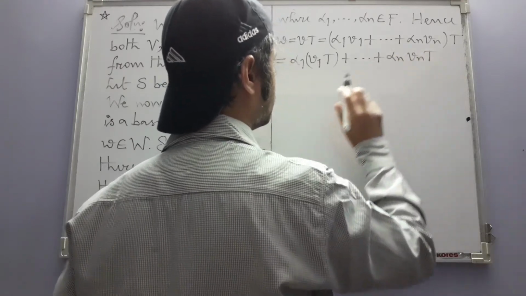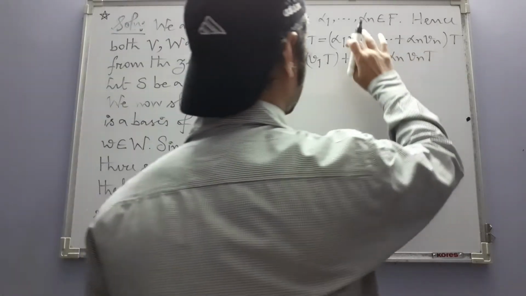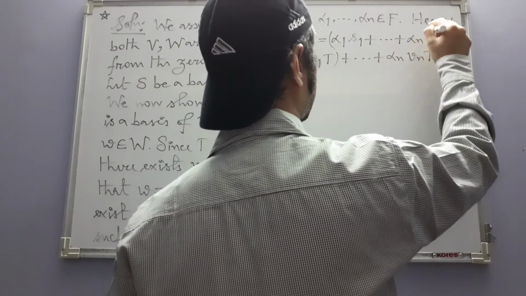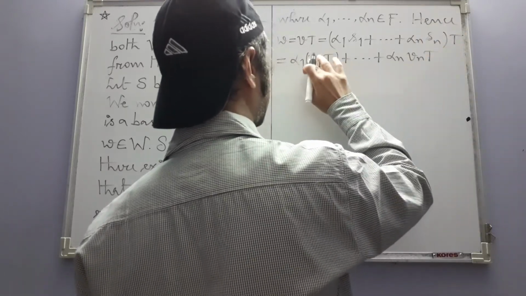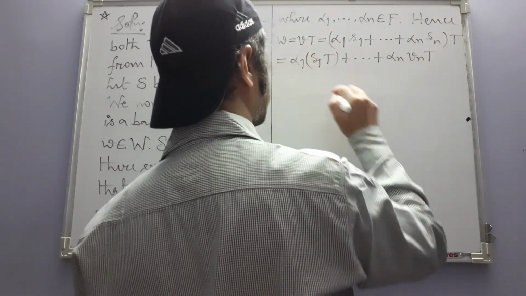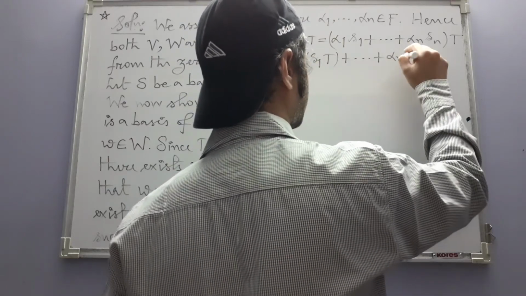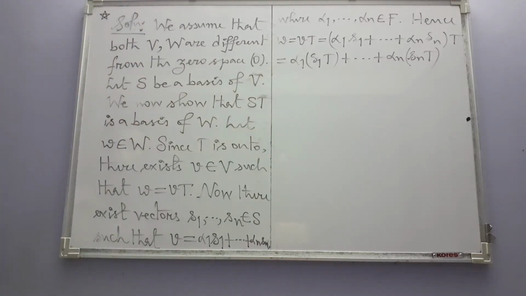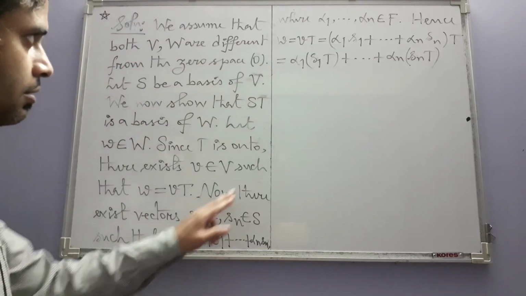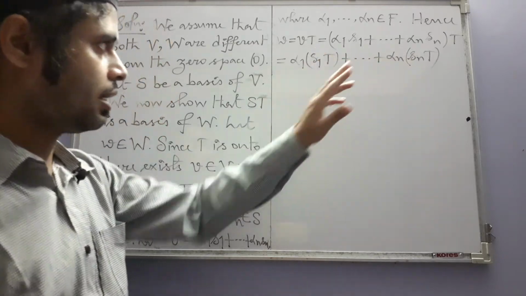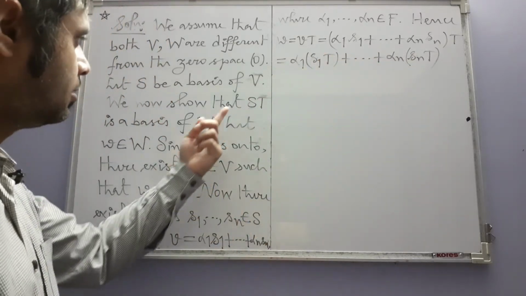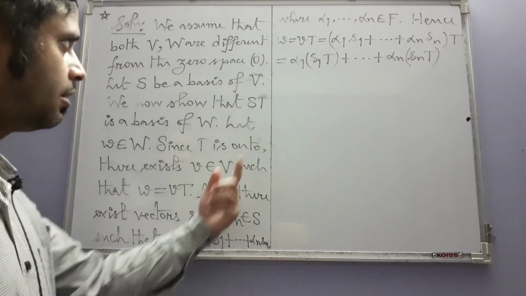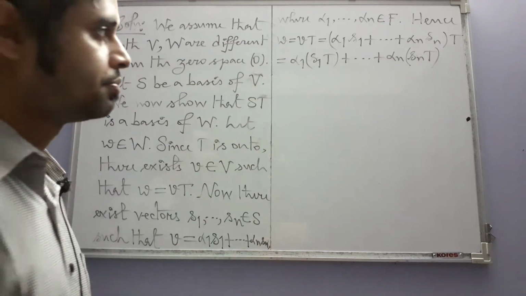These are s. It's become a habit to write v's. So you can see that these s_i T are vectors in ST, and we have been able to show that w is a linear combination of these vectors.